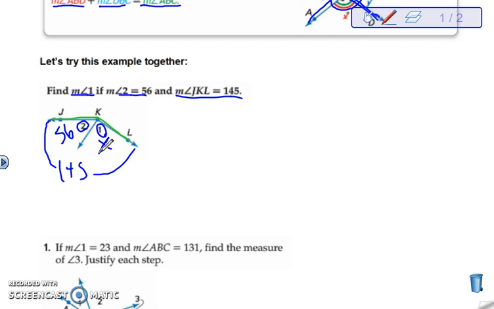We said that if we add the two smaller angles, it equals the larger angle. So if I take x and add it to the 56, it's going to equal 145. Then we subtract the 56 to solve our equation, and we get 89.